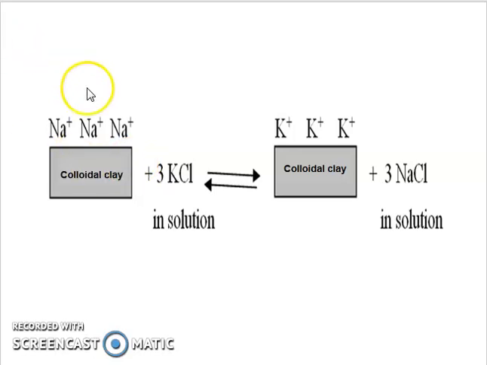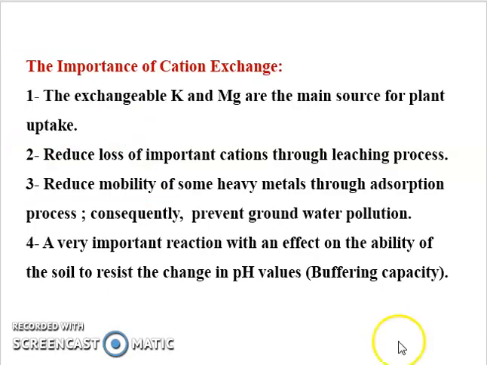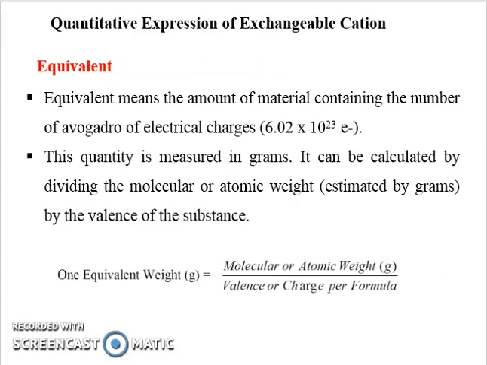This process is called buffering capacity. So the ability of soil to resist change in pH, which is called buffering capacity, increases with increasing cation exchange capacity, the capacity of exchange.